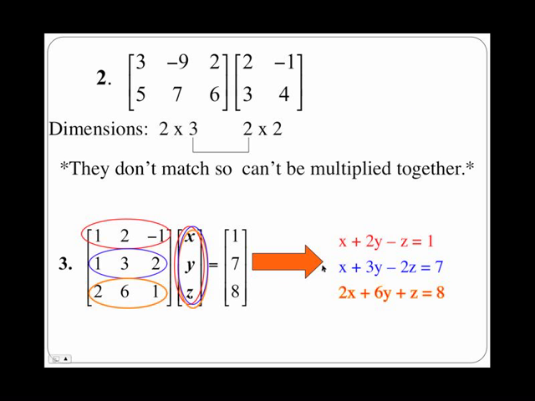Okay, because really this is a 3 by 1 matrix over here, and this is a 3 by 1 matrix over here. So as you can see, we can use matrices to represent a system of equations. All right, and we solved many of these systems of equations in 3.4 and in 3.2. So now we're going to see how they're helpful with matrices.